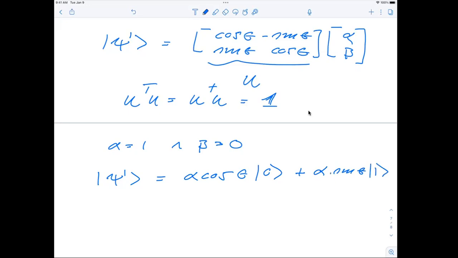So what we have constructed now is a state which is a linear combination of these parameters alpha and the angles cosine theta and sine theta.